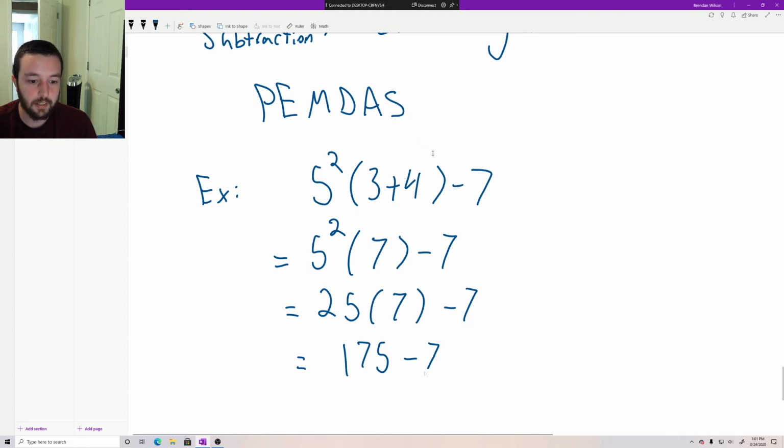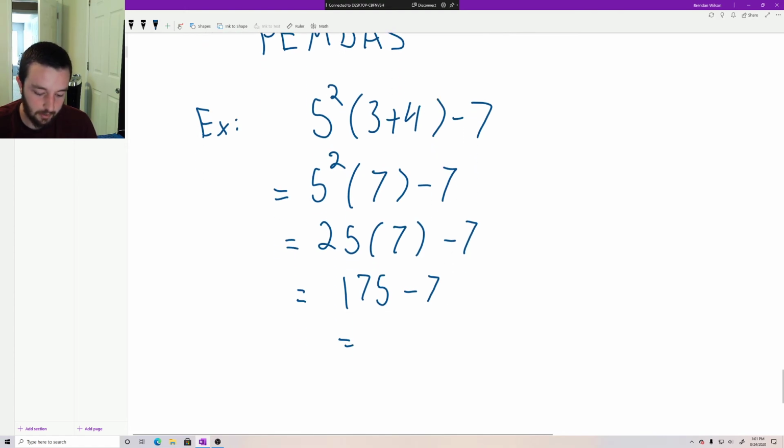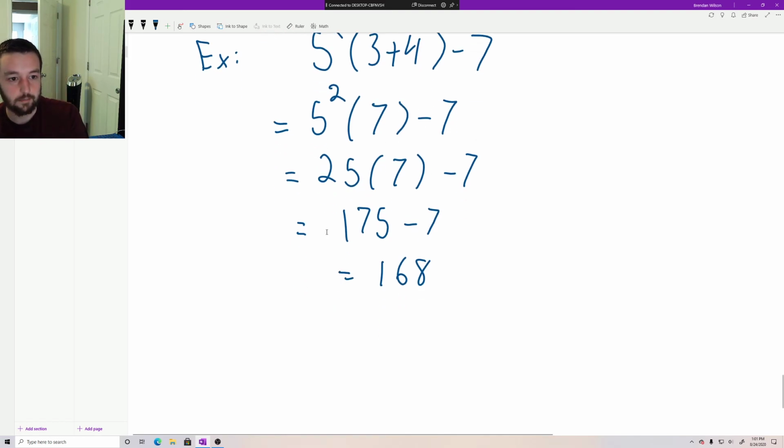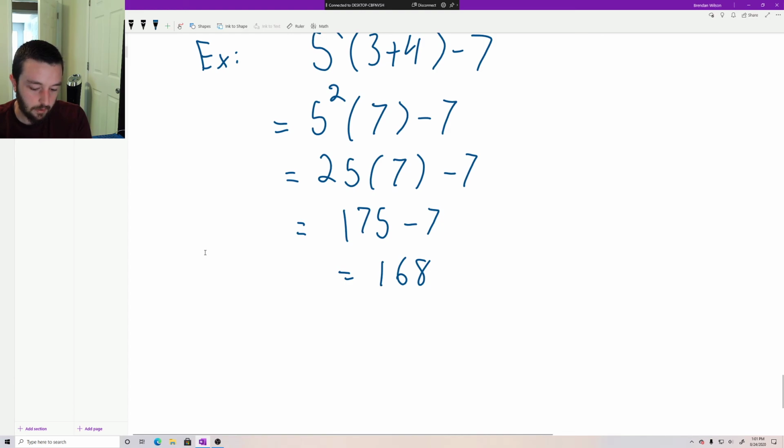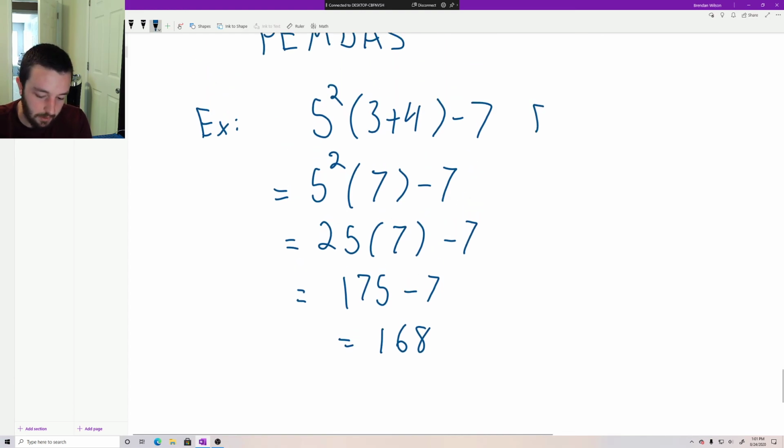And now we just have one thing left, which is the subtraction. Okay. So you get 168. You'll have lots of these in the homework, which goes up at the end of the week. Yeah, let's do another example next to it.